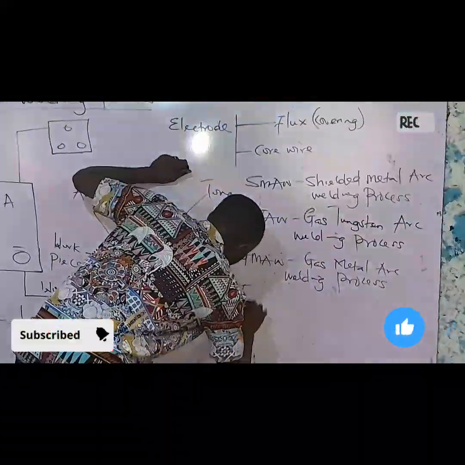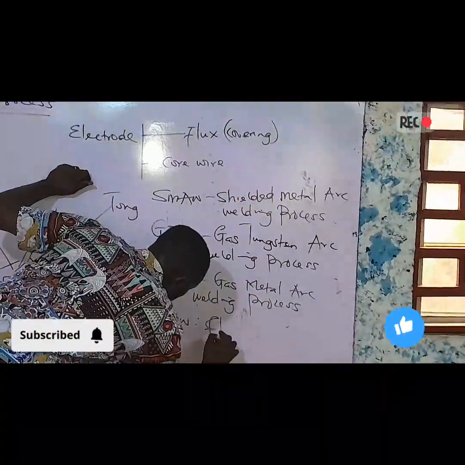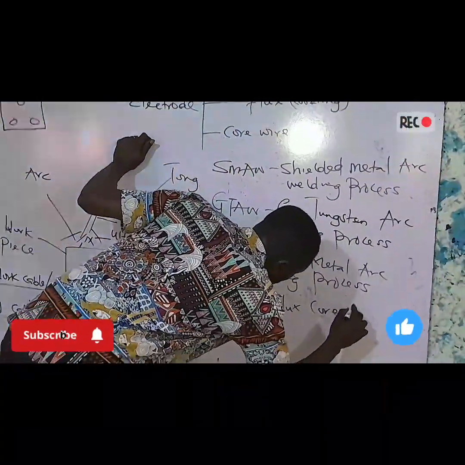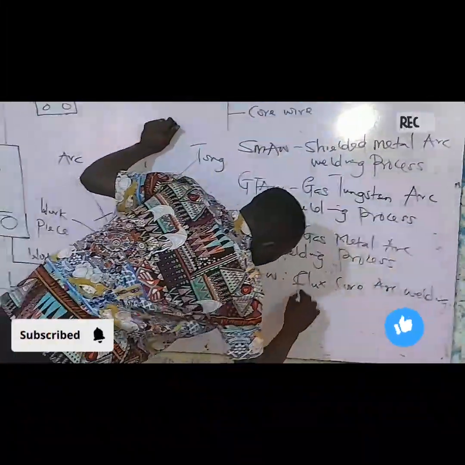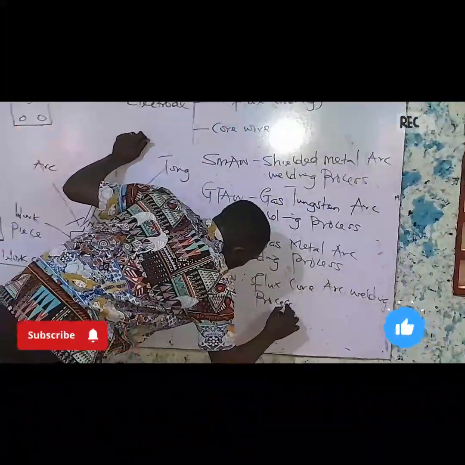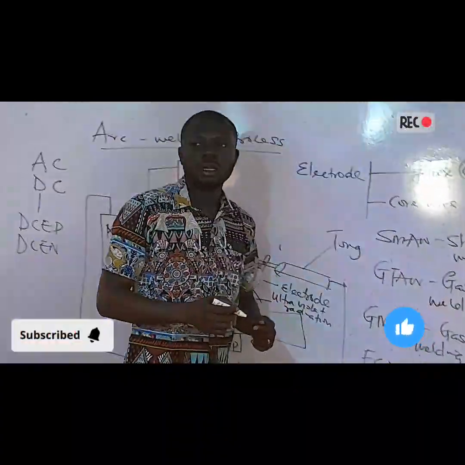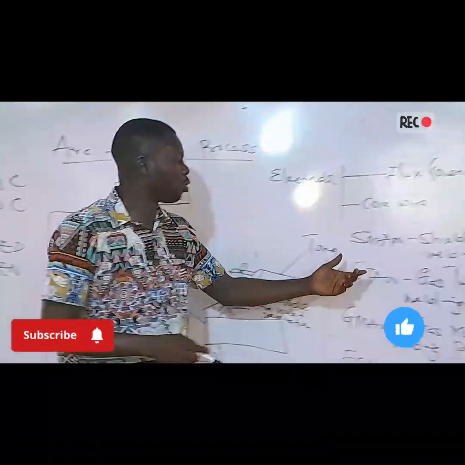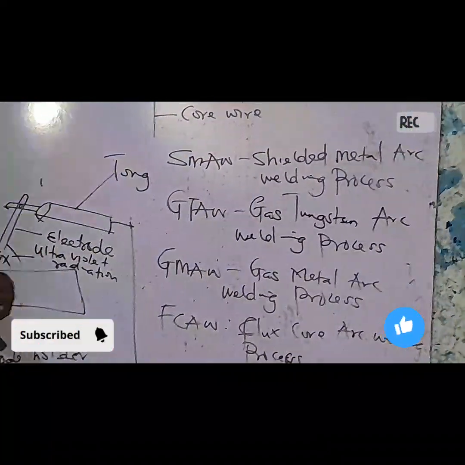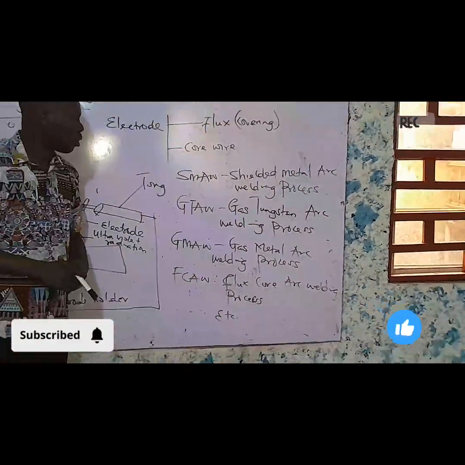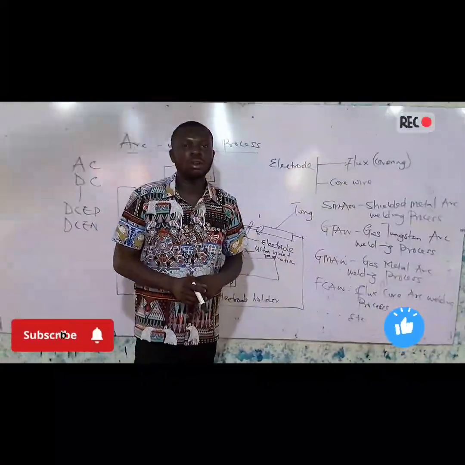We have FCAW, the flux core arc welding process, and so on. All these processes can be used to weld both metal plates, metal pipes, and so on and so forth. So in our next lesson, we'll look at the oxy-fuel gas welding process.